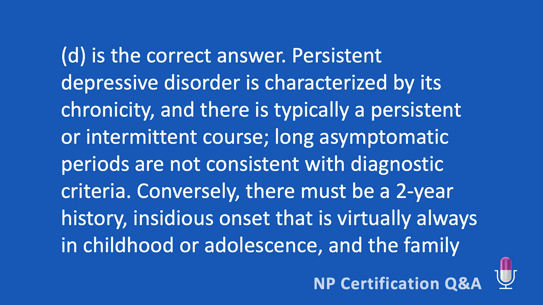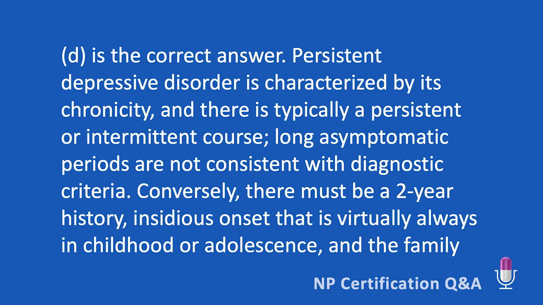Otherwise, there is at a very minimum a 2-year history, and most of the time this onset is really insidious, virtually always there in childhood or adolescence. Now, that doesn't necessarily mean that the patient was diagnosed with it or the patient even received any sort of care for it.